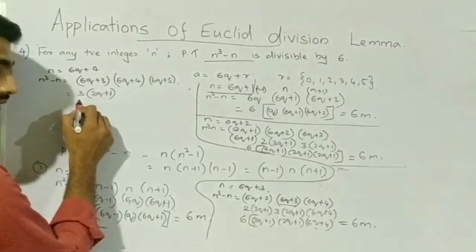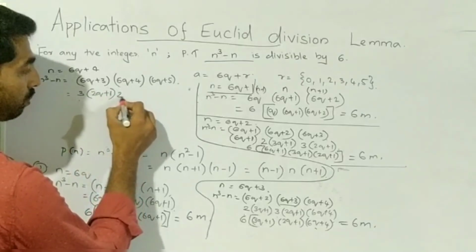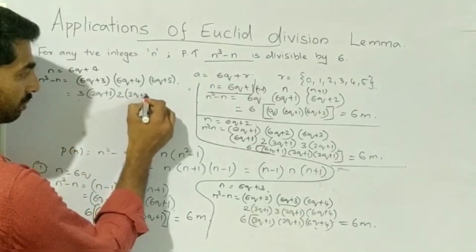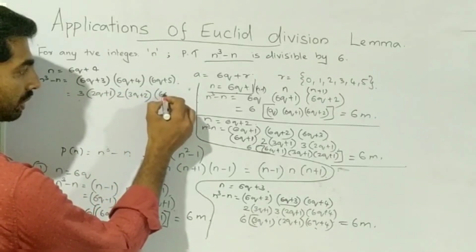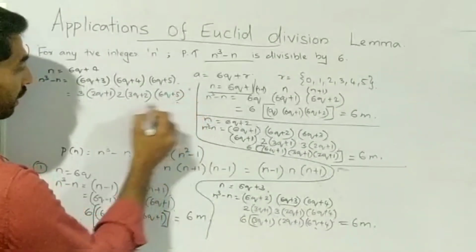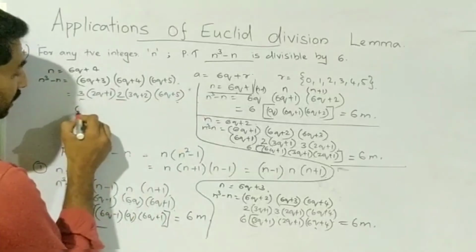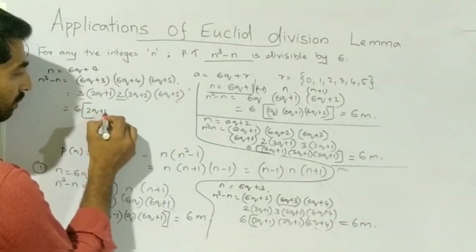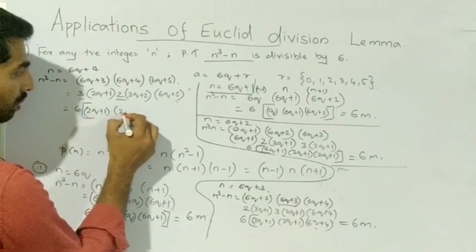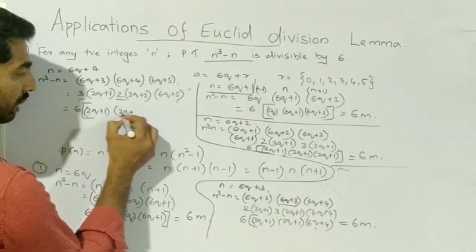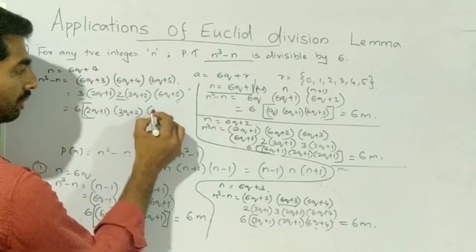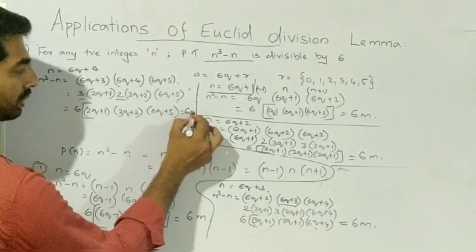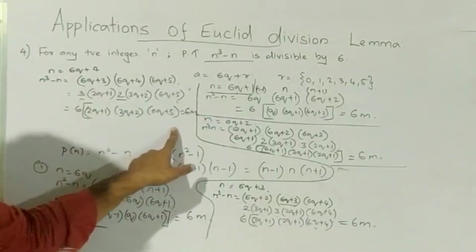Yes, common factor 3 here, and 2 is here, 2 into (3q plus 2) into (6q plus 5). So how can you write? 3 into 2 is 6. 6 into (2q plus 1) into (3q plus 2) into (6q plus 5). Again, this will be equal to 6m.